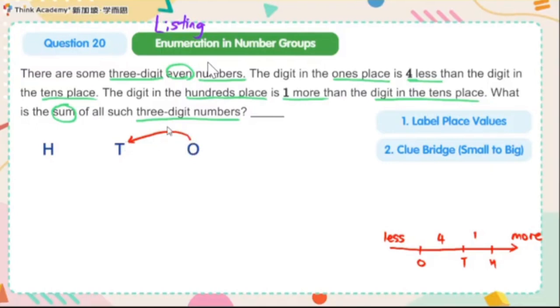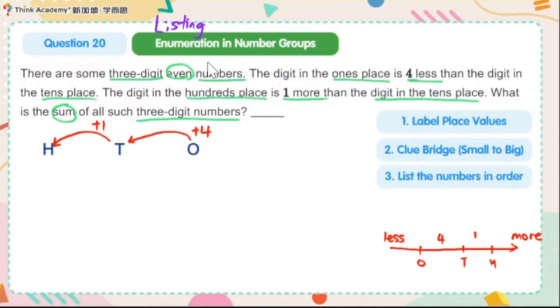The ones digit is smaller than the tens, so we draw from ones to tens and we do a plus 4. This step is important so that you remember every time we list out a ones, what you should do to get the tens. And likewise, tens will need to plus 1 to get to the hundreds. Now we have figured out the relationship between the ones, the tens and the hundreds.